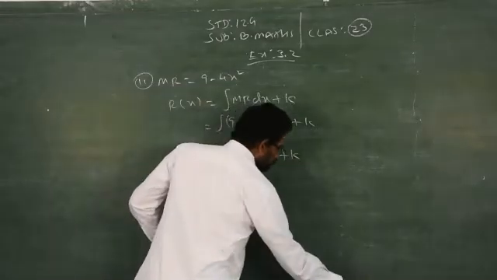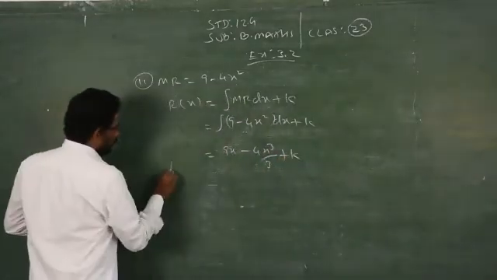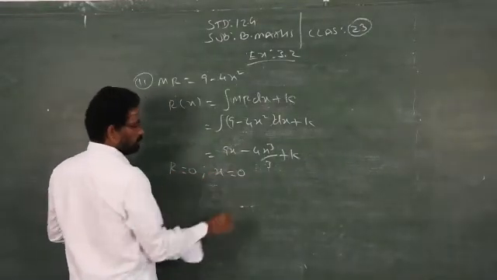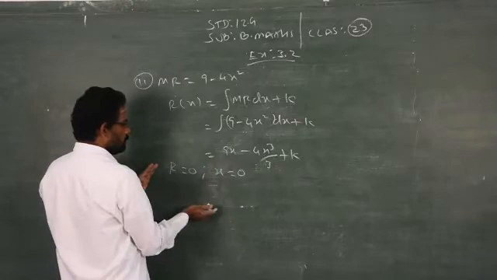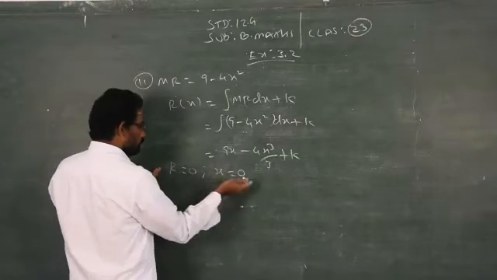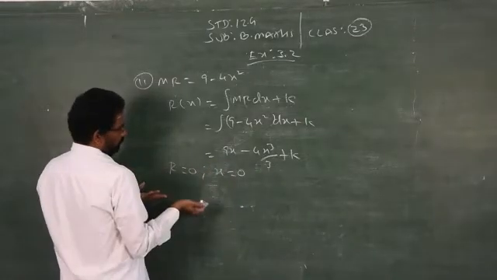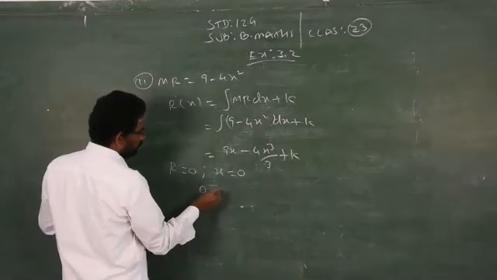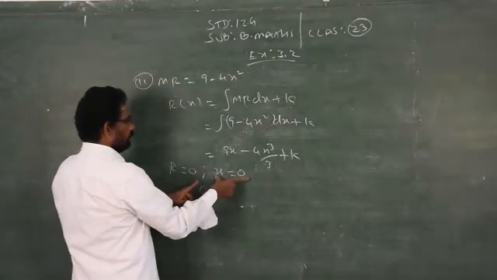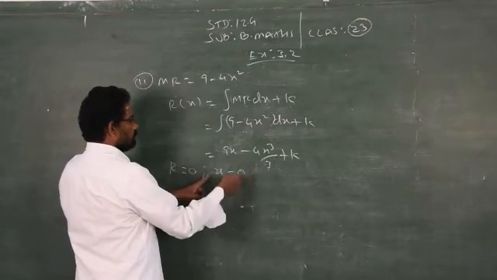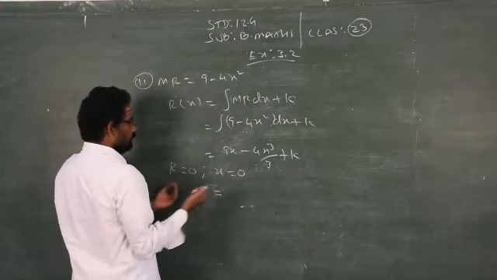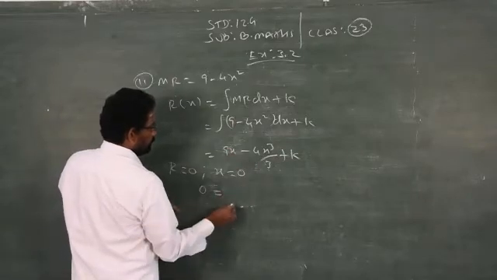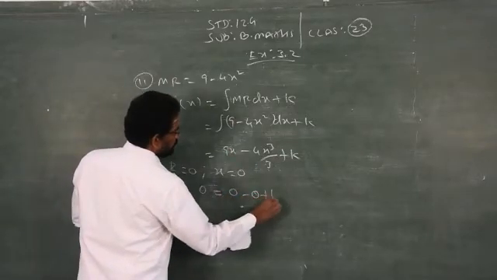To find the value of k, when revenue is nothing, then what about the number of units also? 0. That should be understood. When the number of units sold is 0, your revenue is also 0. So replace r by 0 and x by 0: 0 minus 0 plus k.